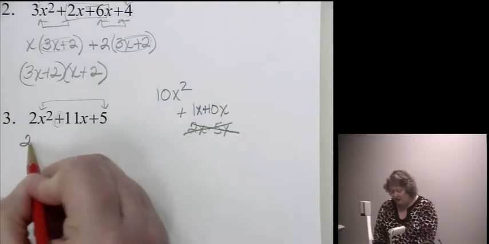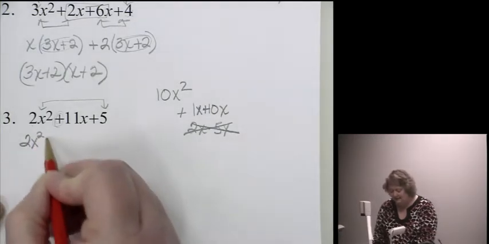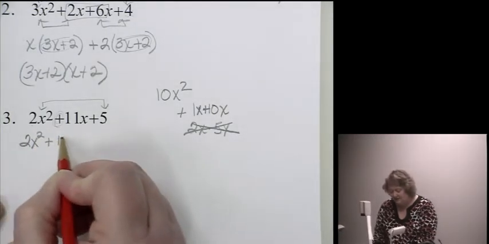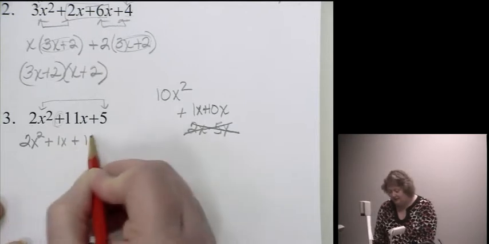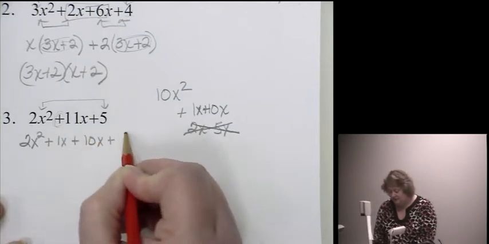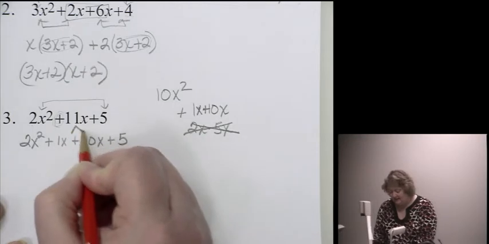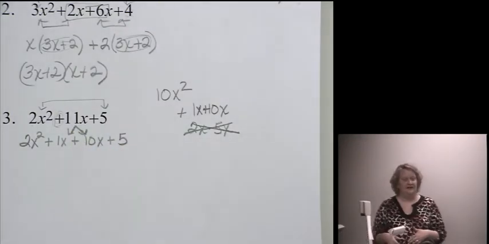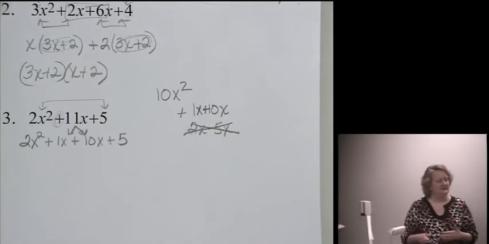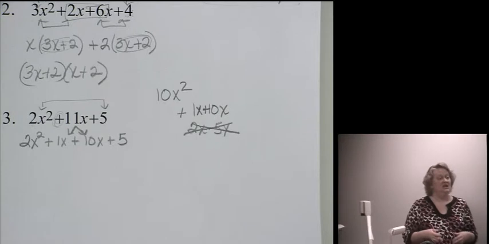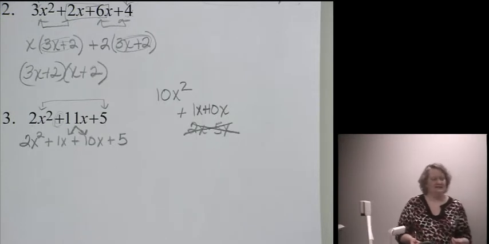Now, the only way that I can rewrite this is if I do not change the value of the expression. And I'm not changing the value of 11x if I change 11x into 1x plus 10x. I'm just rewriting it, expressing the 11x differently.